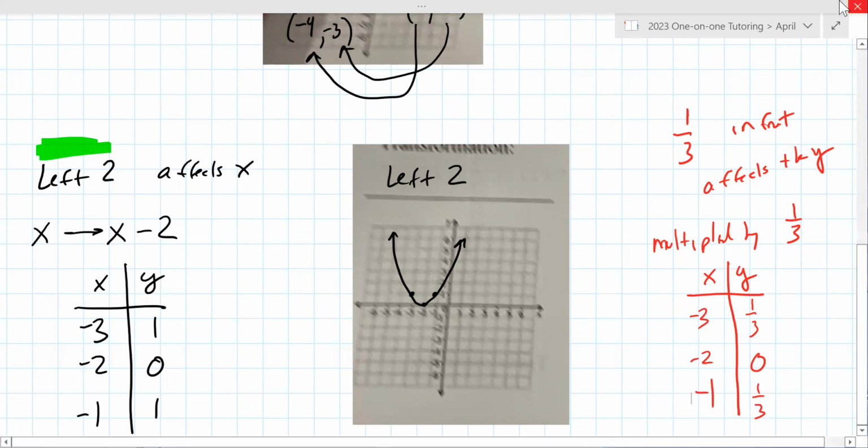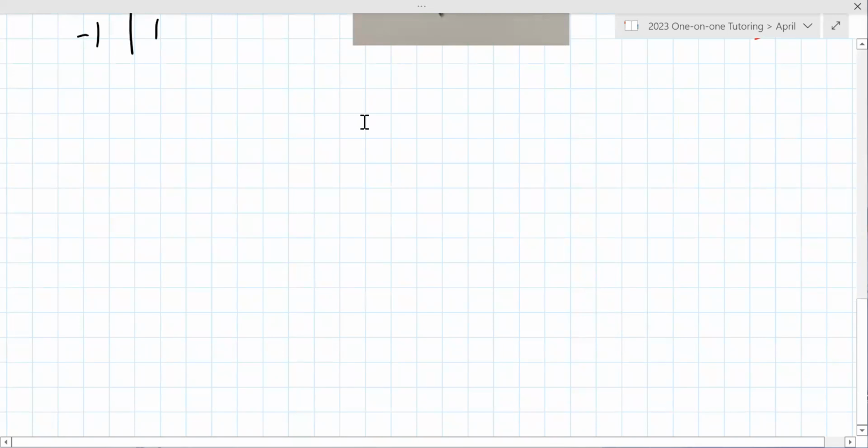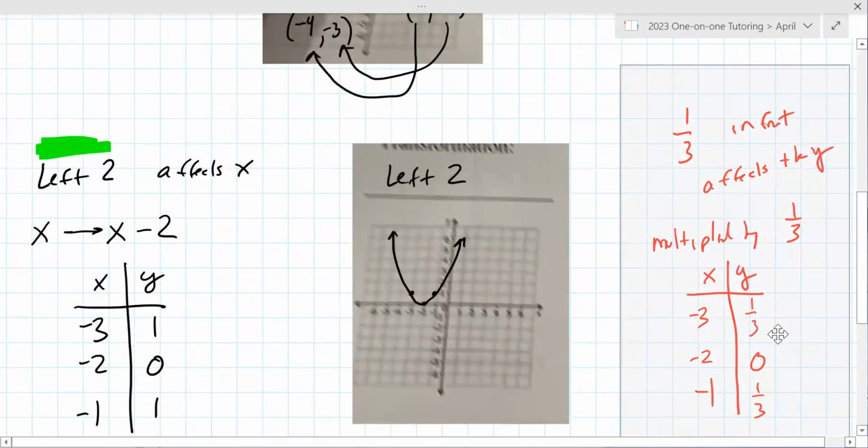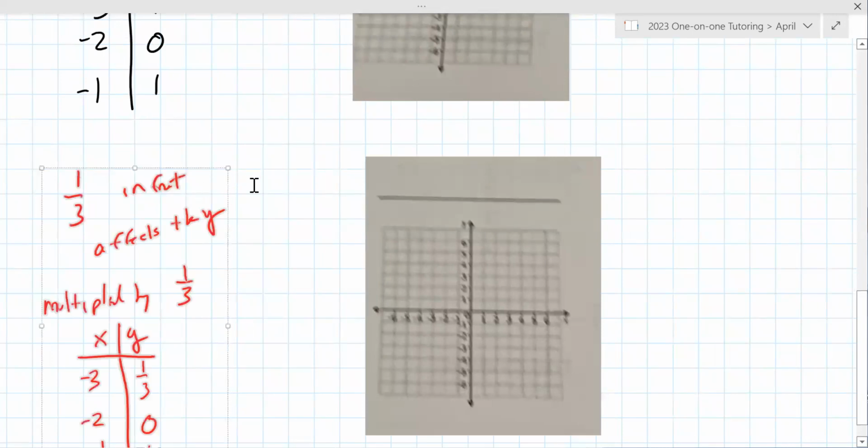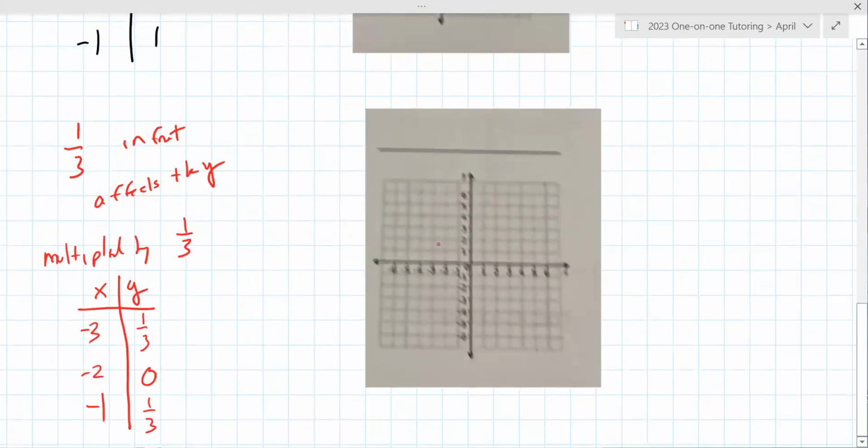All right. So in that third graph there, what do you think we're going to do in that third graph? See the third one that says transformation there? Yeah. All right, we're going to graph this third transformation. So I'm just going to move that down. We're going to graph these new points. So we've got -3, 1/3, -2, 0, -1, 1/3. So this one's a little flatter, we'll say.